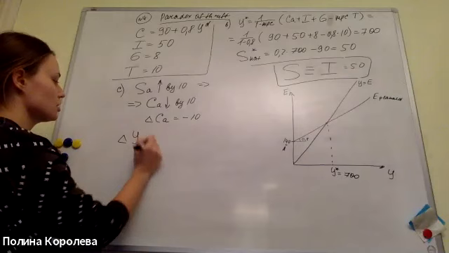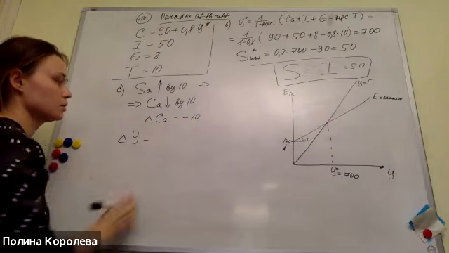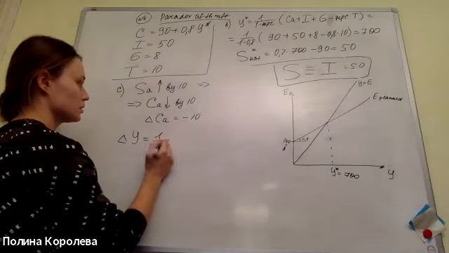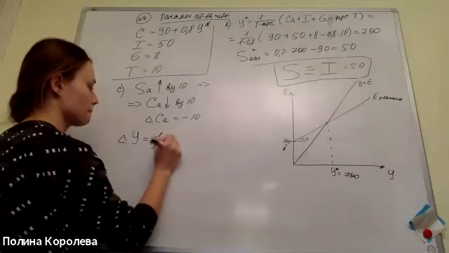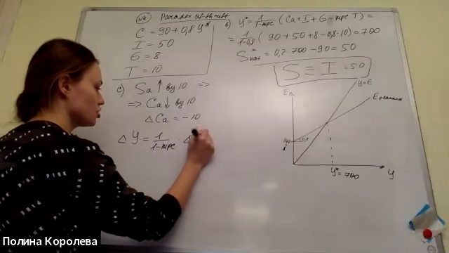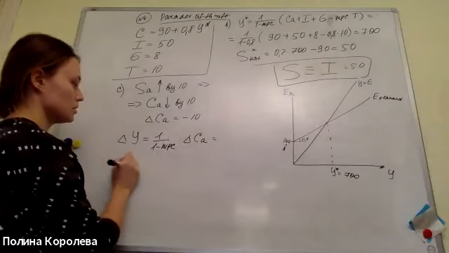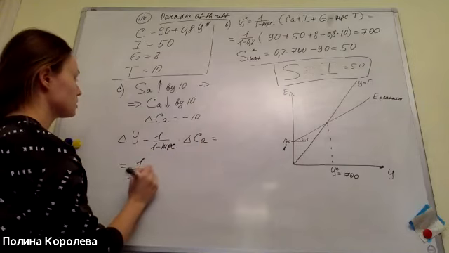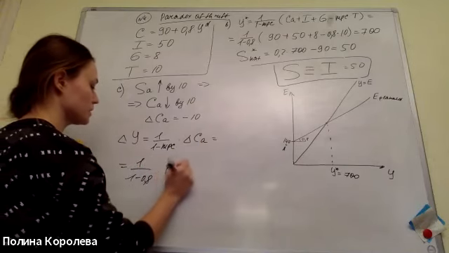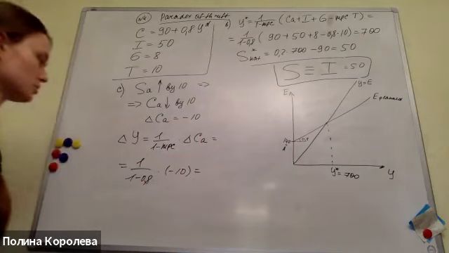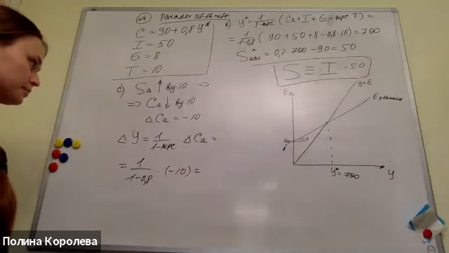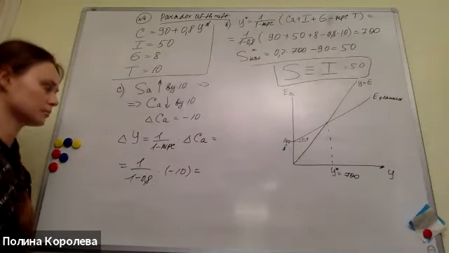So the change in GDP will be equal to autonomous multiplier multiplied by the change in autonomous consumption. And this is 1 over 1 minus 0.8 multiplied by minus 10. By how much will GDP decrease? Minus 50.